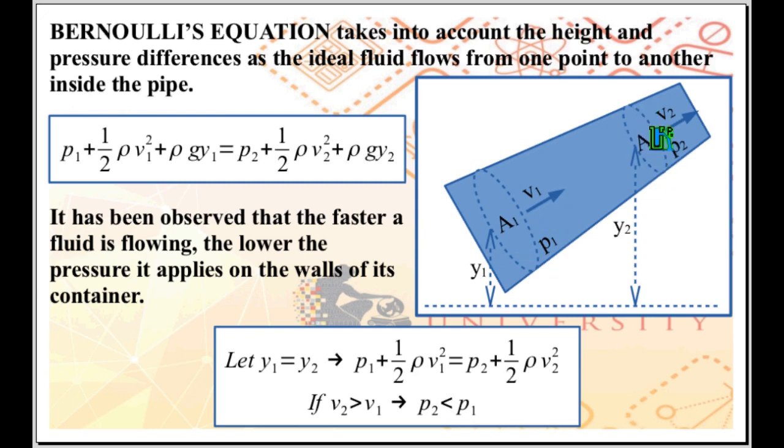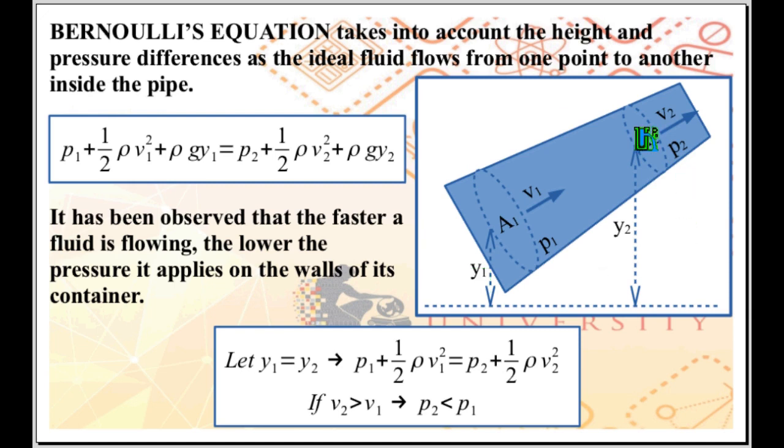At location 2, area A2, the speed of the fluid is V2. At area A1, the fluid is applying pressure P1 on the walls of the container. At area 2, the fluid is applying pressure P2. And then we have the height differences. At area A1, the height of the center of A1 is Y1, whereas in A2, the height is Y2.